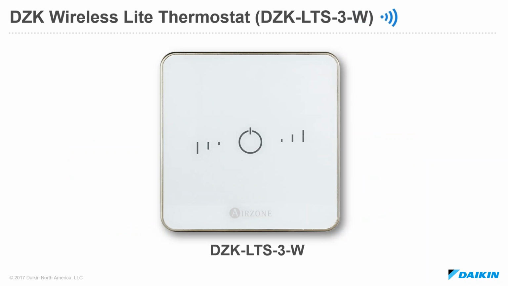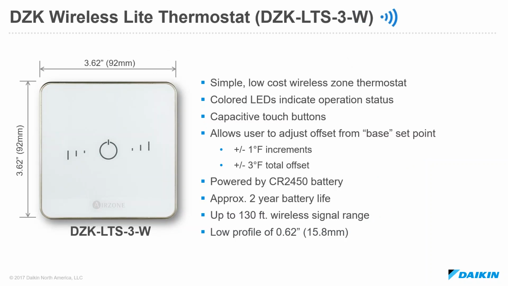The third option for the DZK thermostats is the wireless light thermostat. That model number is DZK LPS-3-W. In this case, same footprint again, 3.62 inches by 3.62 inches, about 15 millimeters deep.